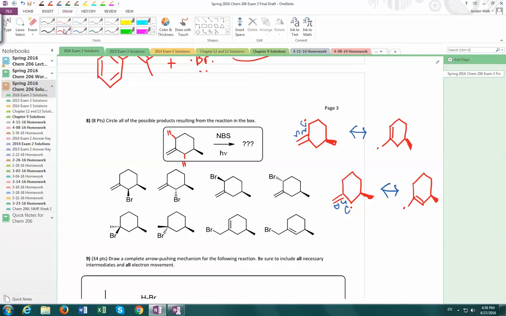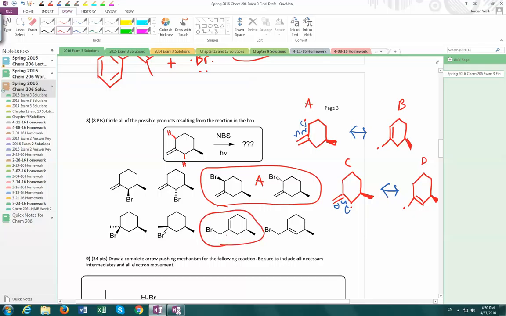So we'll say that this is A, B, C, and D. And so these 2 would result from A. This one would result from B. These are from C, and that one's from D. So basically there's 2 radicals that could form.